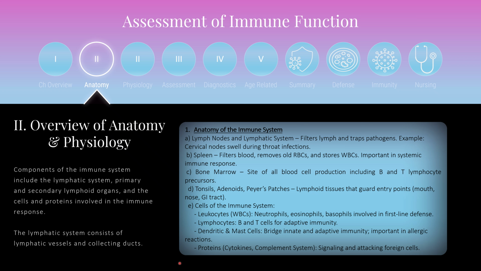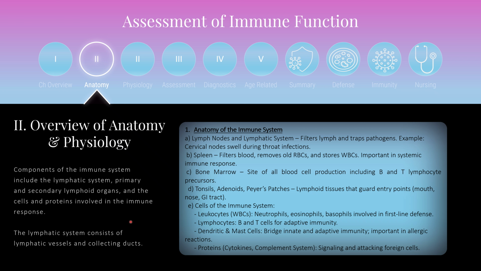So there are components of the immune system, which includes the lymphatic system, primary and secondary lymphoid organs, and the cells and proteins involved in the immune response. So the lymphatic system consists of lymphatic vessels and collecting ducts. And here you see I made more detail.